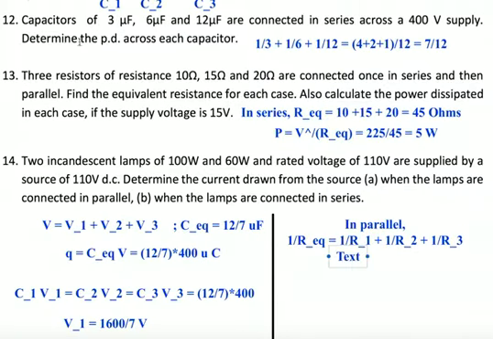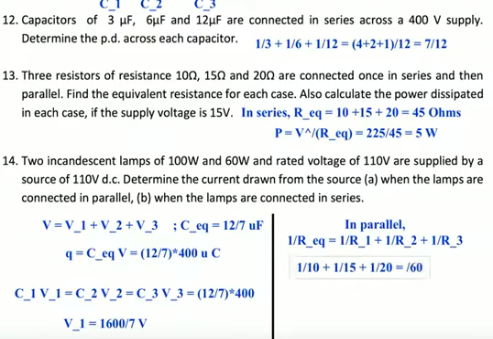So what is 1 by R1, 1 by R2, 1 by R3? 1 by 10 plus 1 by 15 plus 1 by 20. What about the LCM? 5 2s are 10, 5 3s are 15, 5 4s are 20. 2 3s are 6, so 60 is the LCM.